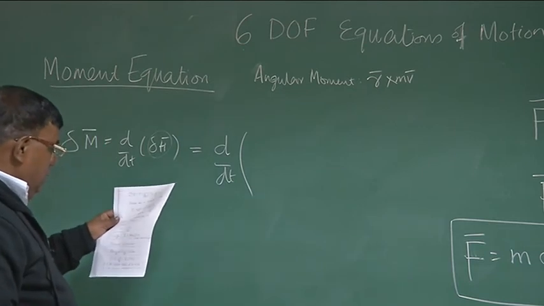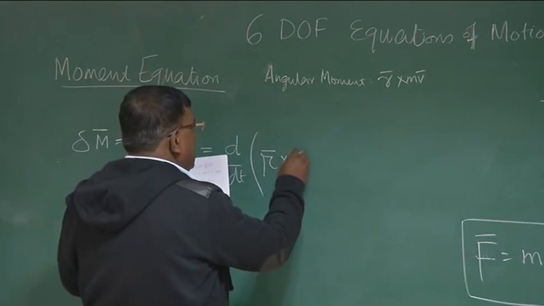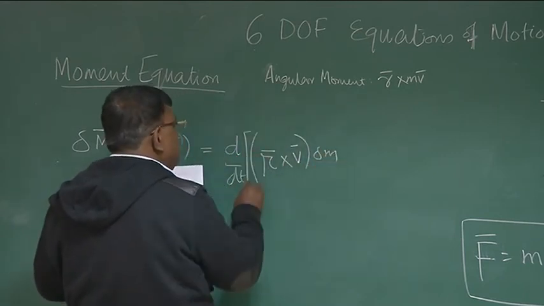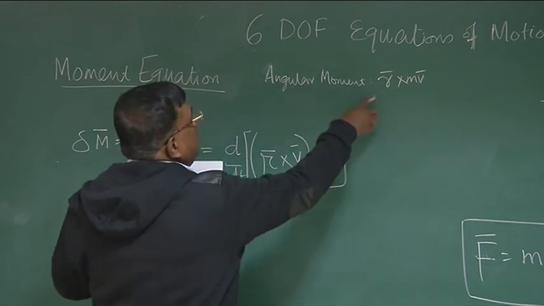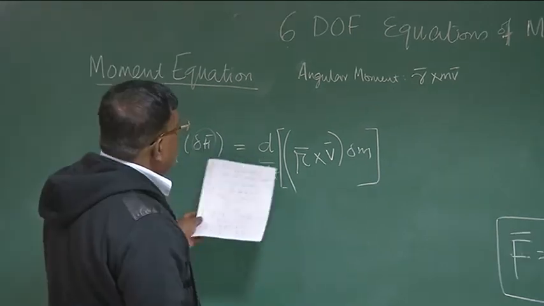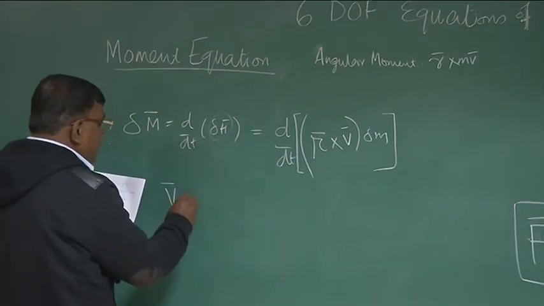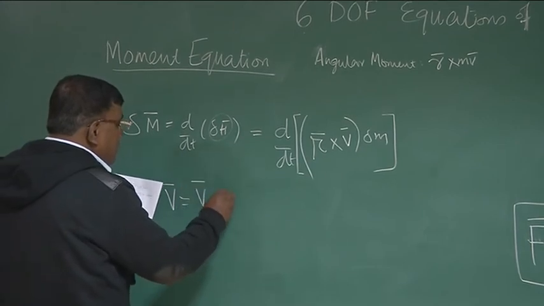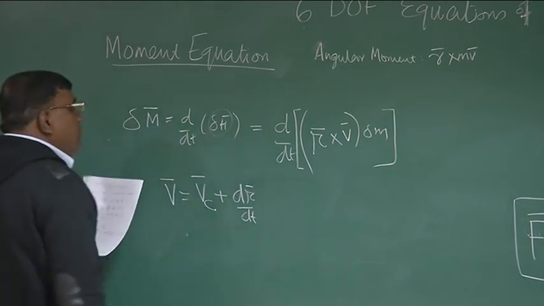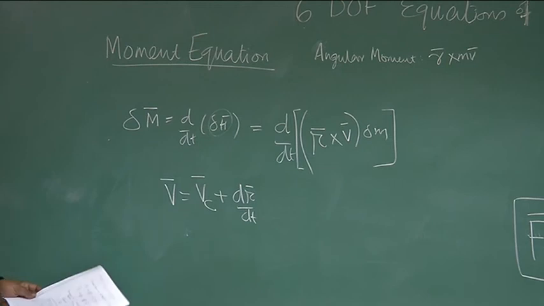So now I will write here r cross v delta m, r cross mv written in this fashion. This is the rate of change of angular momentum, and what is v? V we have seen, Vc, center of mass, plus dr by dt, and dr by dt was with respect to center of mass, but Vc was with respect to the inertial frame.